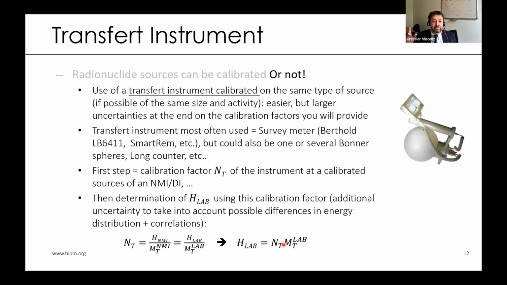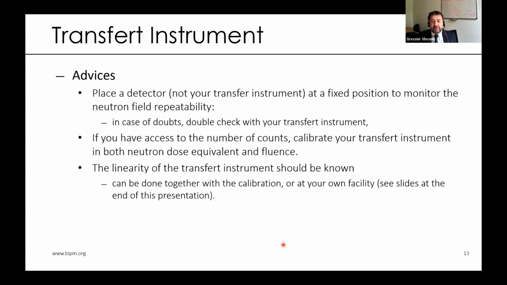Of course, you have to take into account additional uncertainties. If there are some differences in energy distribution, there are also some correlations, but that's not too hard to solve. My advice is also to place a detector, not your transfer instrument, at a fixed position to monitor the neutron field repeatability.